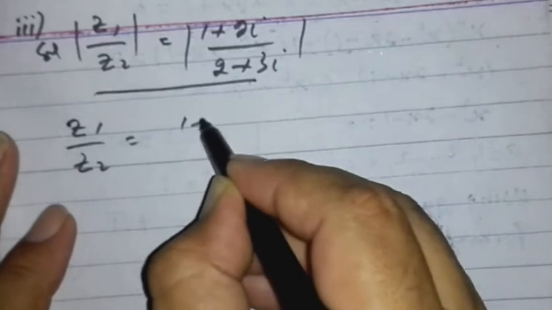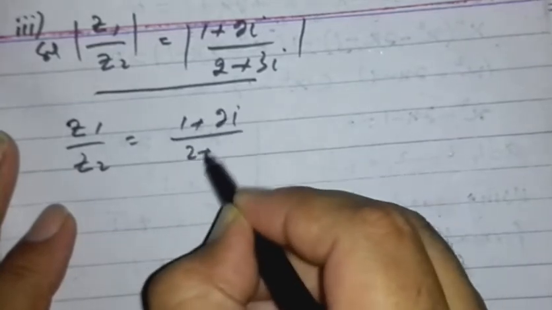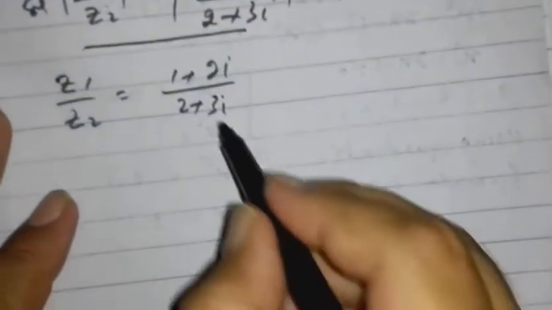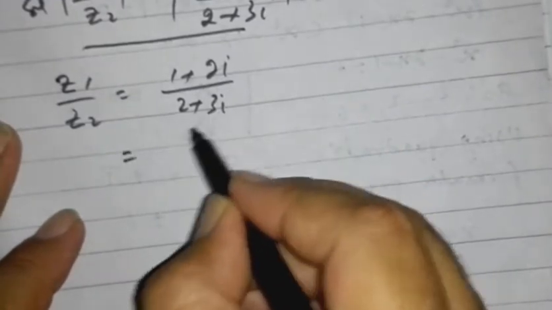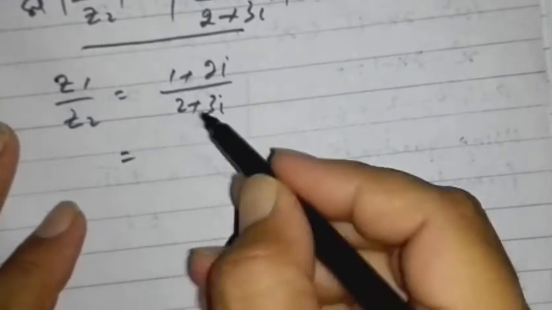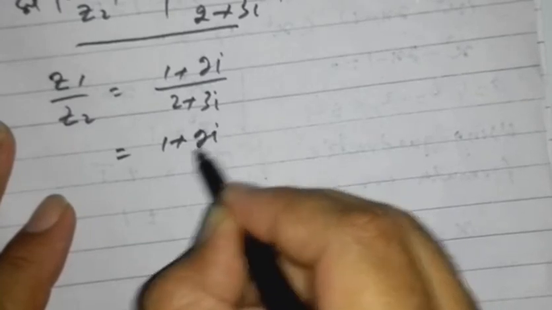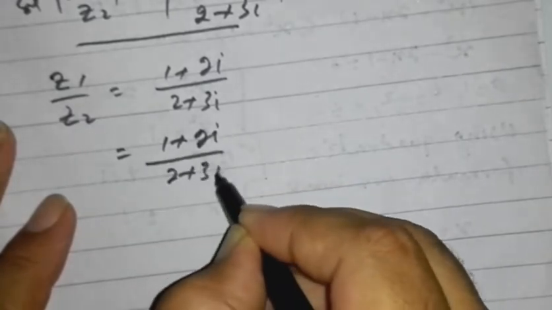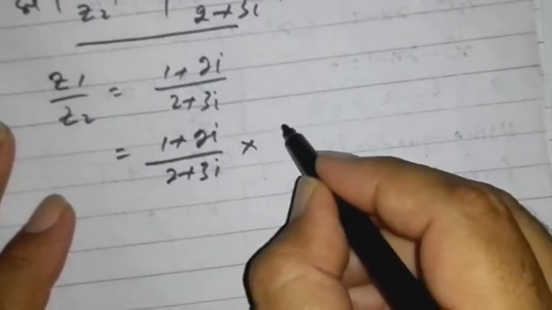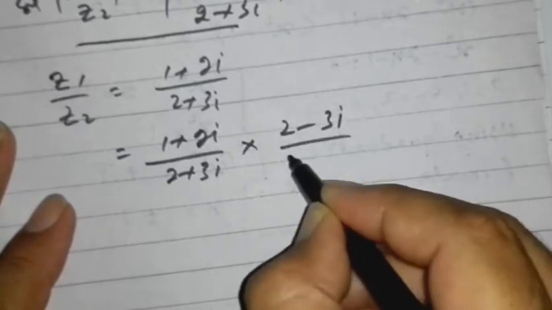So 1 plus 2 iota divided by 2 plus 3 iota. Multiply and divide by the conjugate of the denominator, which is 2 minus 3 iota. 1 plus 2 iota divided by 2 plus 3 iota into 2 minus 3 iota divided by 2 minus 3 iota.